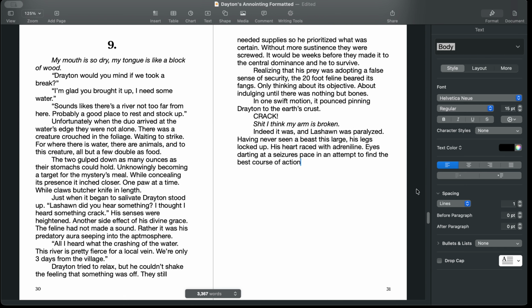His heart raced with adrenaline, eyes darting at a seizure's pace in an attempt to find the best course of action.